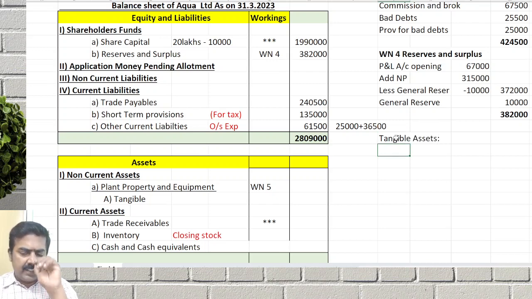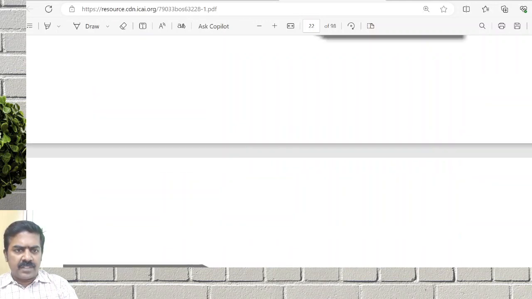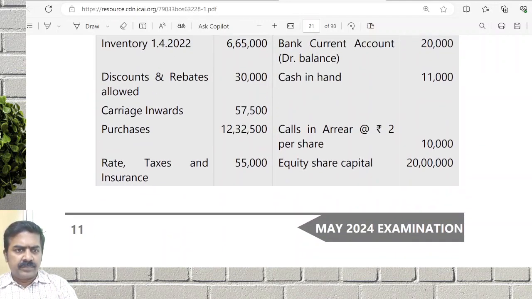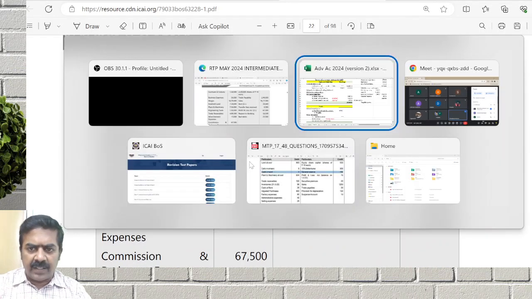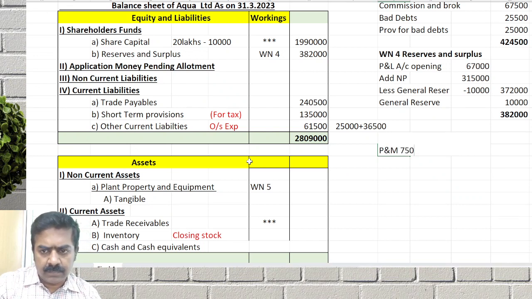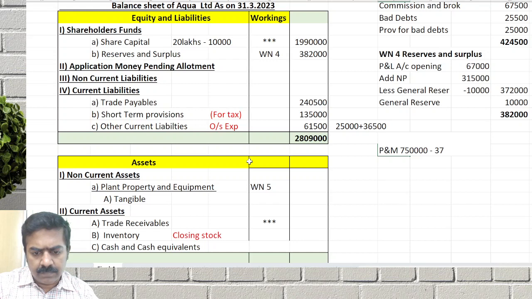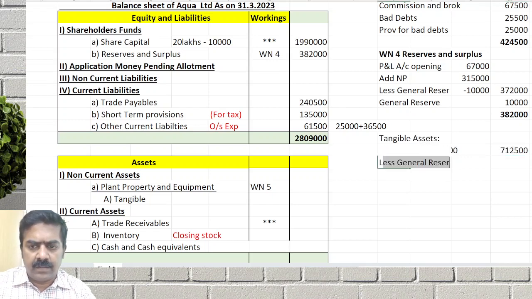What all will come in tangible assets? Plant and machinery, what was the value? What is the book value? 7,50,000 minus. Then land, no change.